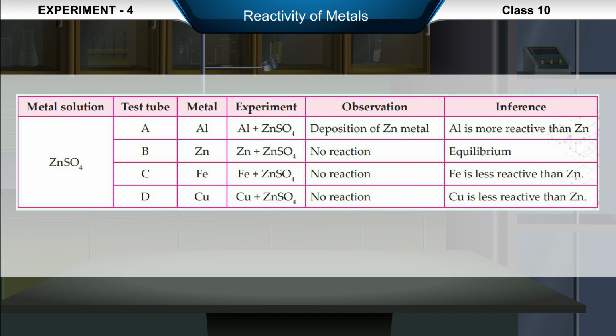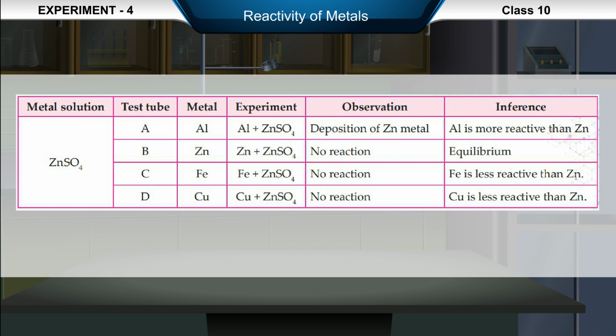Metal, solution ZnSO4. Test tube A, metal aluminium. Experiment: Al plus ZnSO4. Observation: deposition of Zn in metal. Inference: Al is more reactive than Zn. Test tube B, metal zinc.